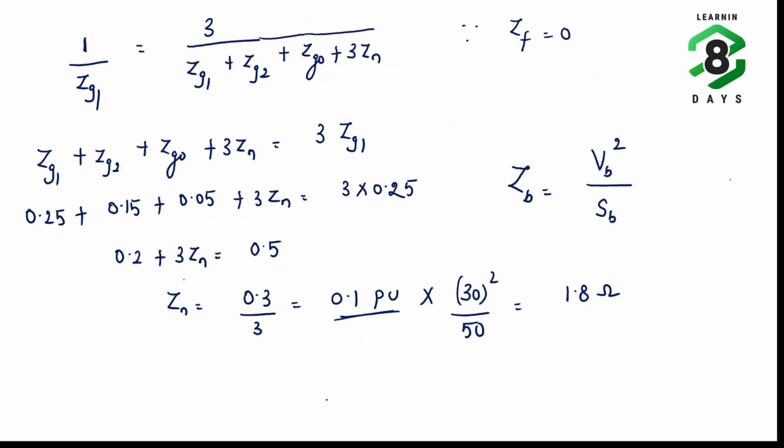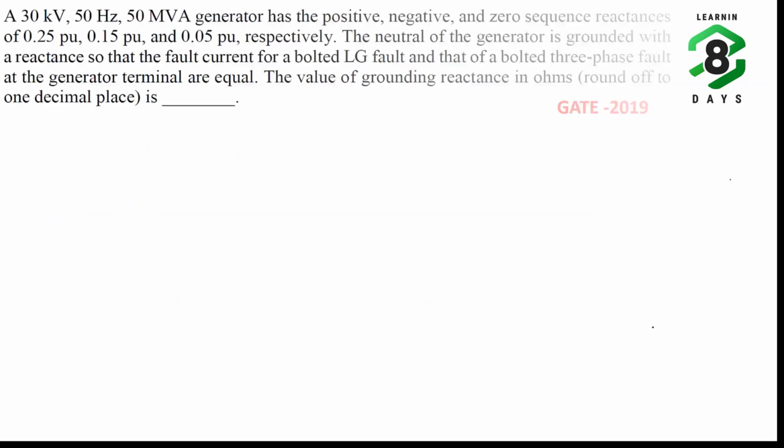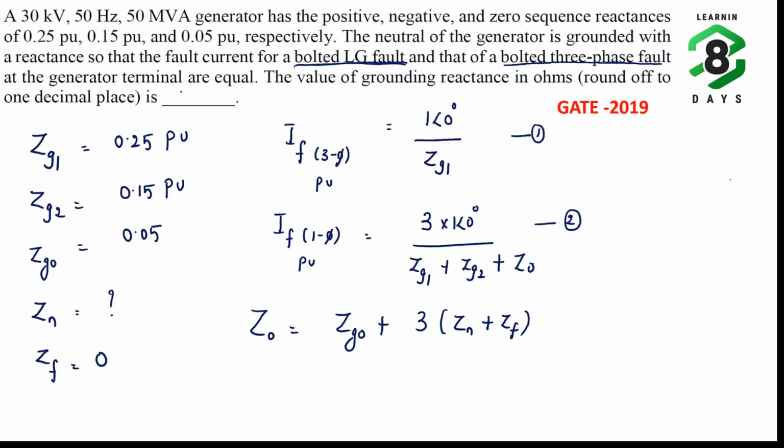So your neutral grounding reactance value is 1.8. Since it is reactance, you can keep j, so Zn will become j1.8 ohm. If asked for Xn directly, you can put 1.8 ohm. Rounded off to a single decimal, 1.8 is the answer.